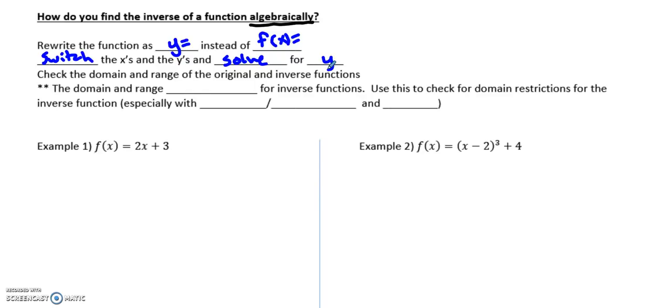And then I'm going to check the domain and range of the original and inverse functions. I'll do that as I go. For the inverse functions, the domain and range actually swap, and we'll explain why here soon. So we're going to use this to check for domain restrictions for inverse functions, especially with quadratics.